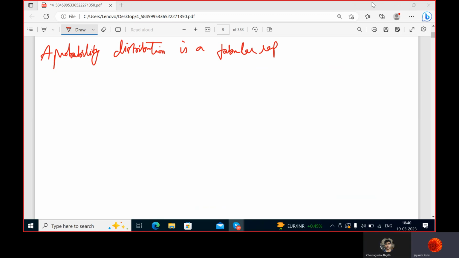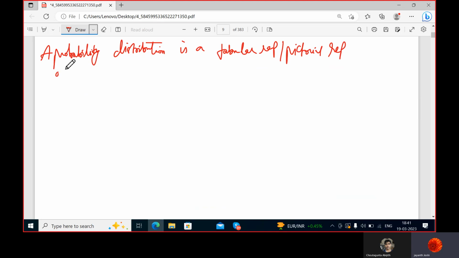Generally, when you study mathematics, mathematicians use equations when the experiments are many and the outcomes are many. But when we perform a casual experiment and the outcomes are fewer, we can go for a tabular representation also.